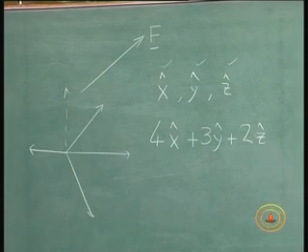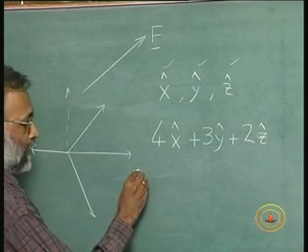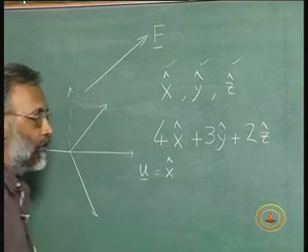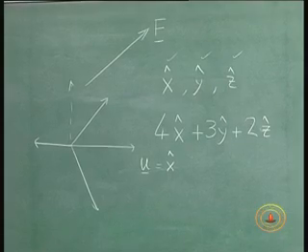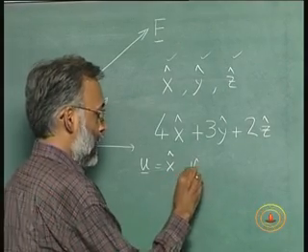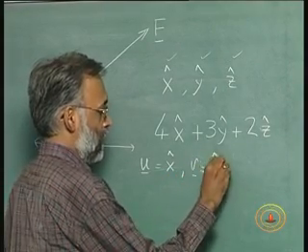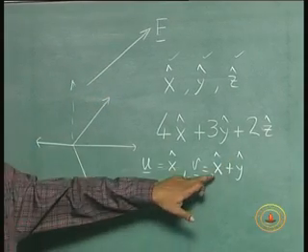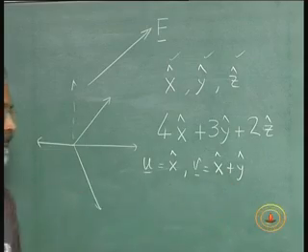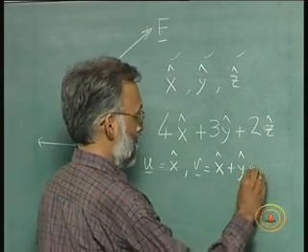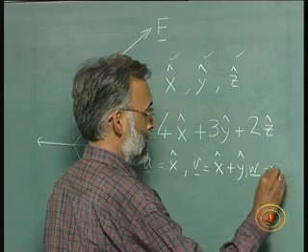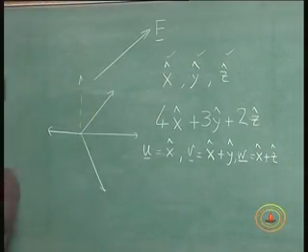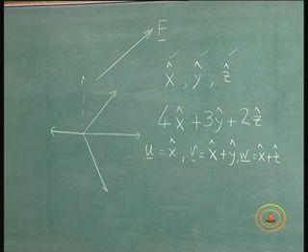For example, supposing I defined a vector u which is nothing but unit vector along x, a vector v which is the sum of unit vectors x and y, and a vector w which is the sum of unit vectors x and z.